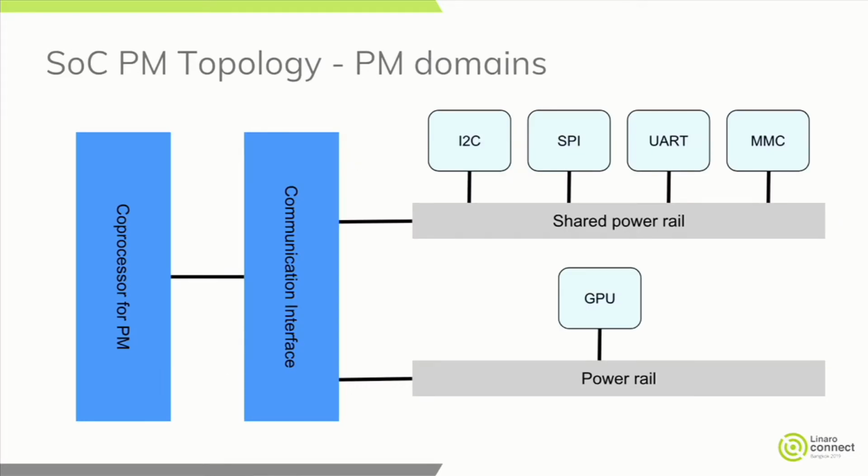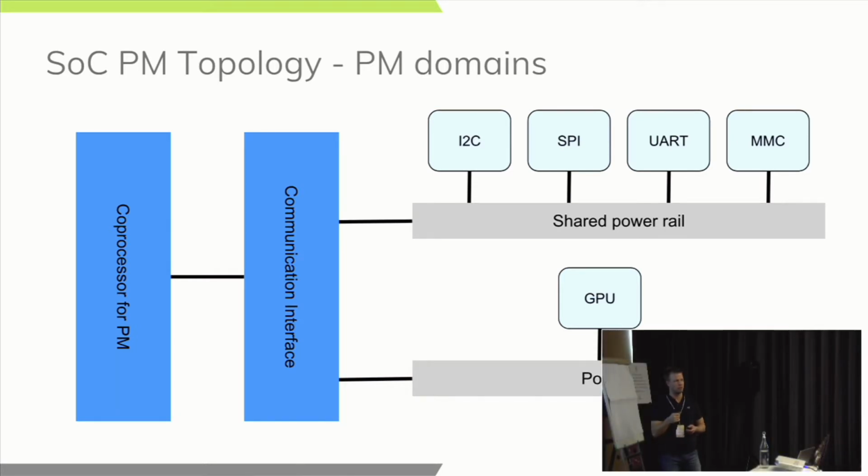Things can get a little bit more complicated. There is a more complex topology. It's not like every device is completely independent from other devices. Some devices may actually share resources with other devices. For example, here I've drawn a picture where there is a power rail being shared among a couple of I/O devices.